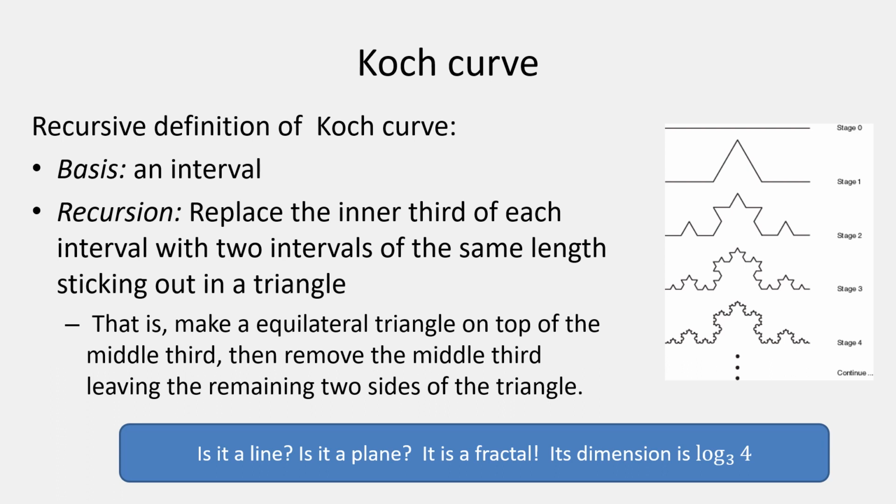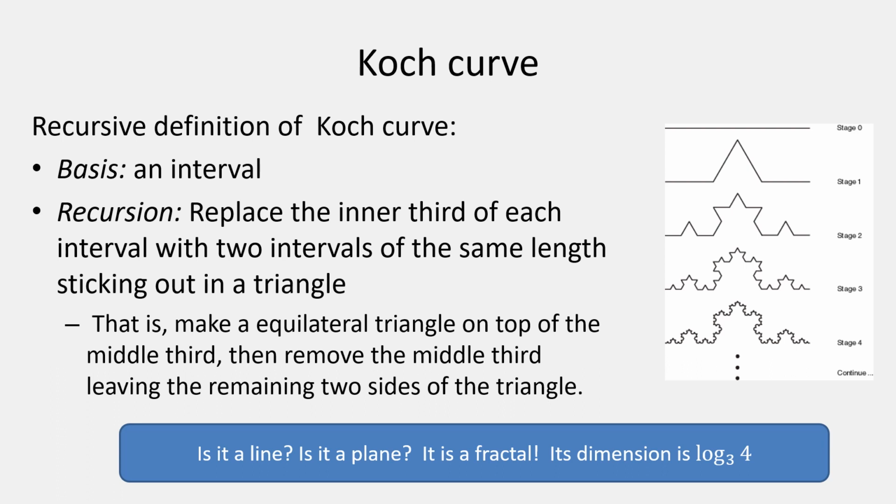But as you keep doing this process to infinity, it becomes less and less one-dimensional. So does it ever become two-dimensional? Not really. It will become something of infinite length, and its dimension will be somewhere partway between 1 and 2.